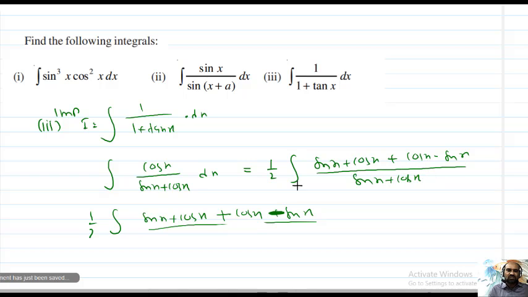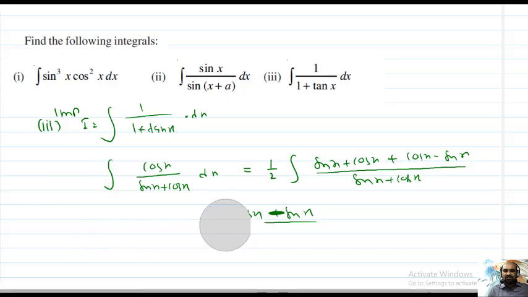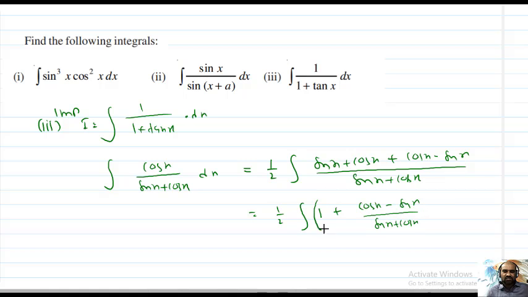Okay, students, listen. So this is the same as 1 by 2 integral of 1 plus cos x minus sin x by sin x plus cos x into dx.